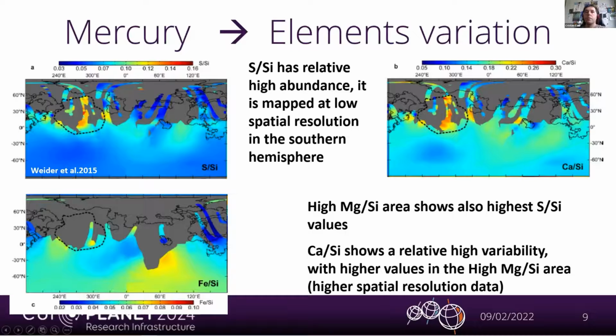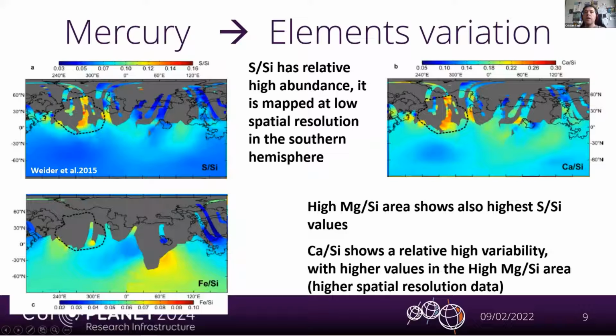And this is confirmed by the sulfur values that are relatively high in the Mercury global view, but there are some regions in particular that are strongly enriched, like some portion of the high magnesium region that we have seen before.